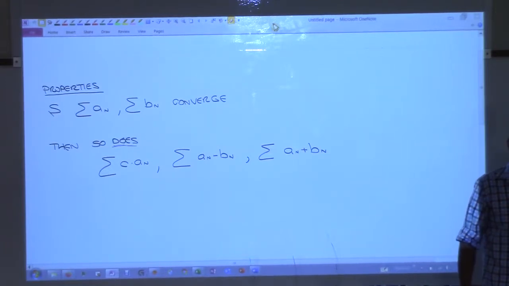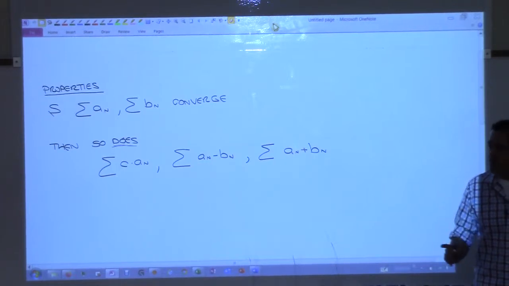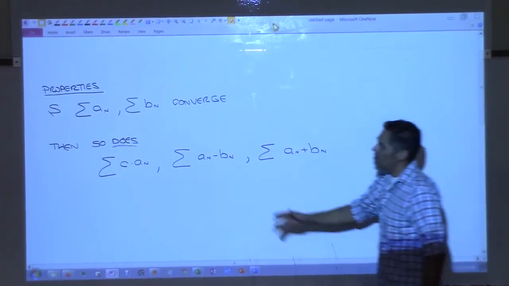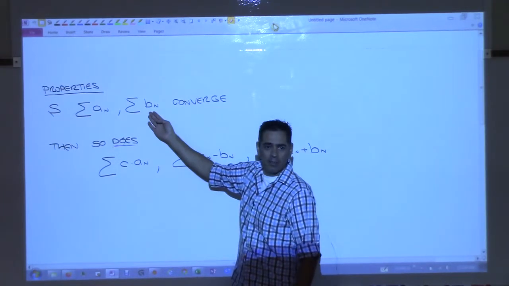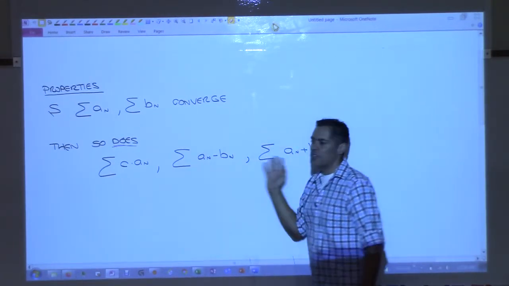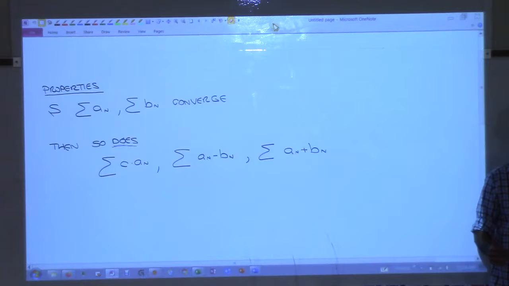What's important to understand, though, is that this doesn't work for divergence. Let's say this was divergent and this was divergent. Then if we add or subtract two divergent series, we don't necessarily get a divergent series. That's very important. This only works with convergence.